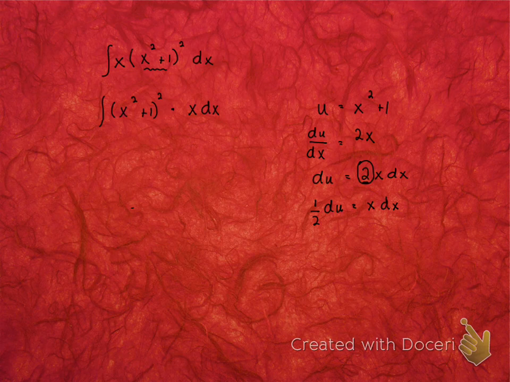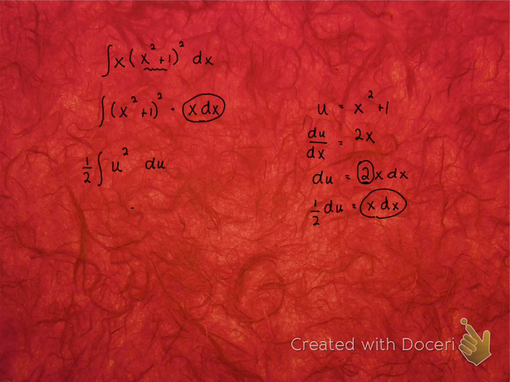Only a number. Okay? So, 1/2 du now, our dx's match now that we have divided away the 2. That 1/2 will now go on the outside of the integral, and what we are integrating is u squared du.